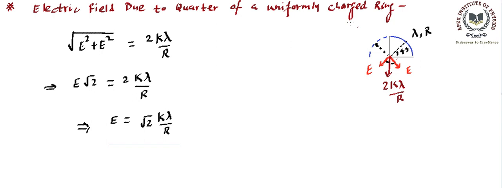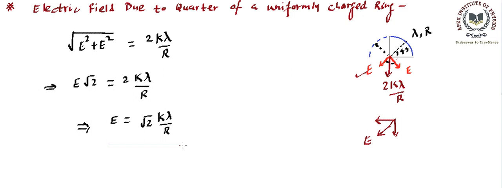So if this field was the total field, this field E because of this quarter of the ring has two components, one along this direction, another along this direction, and the resultant field came out to be this. So this E is in this direction.